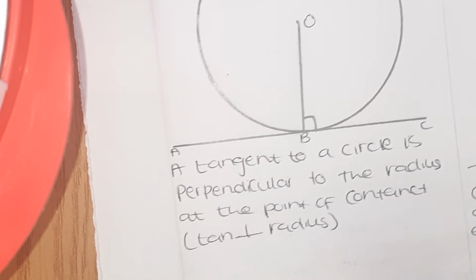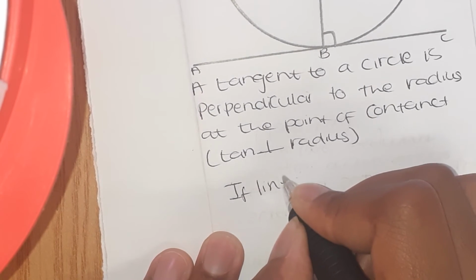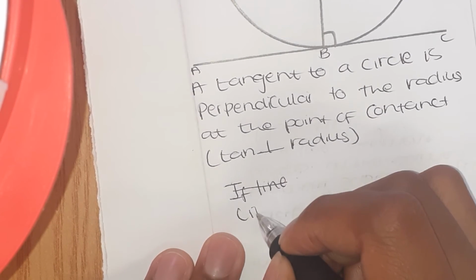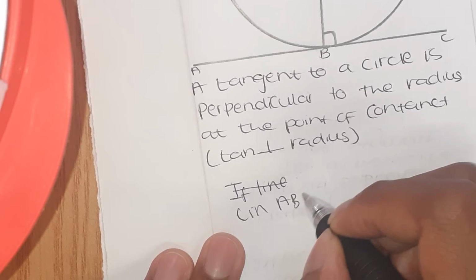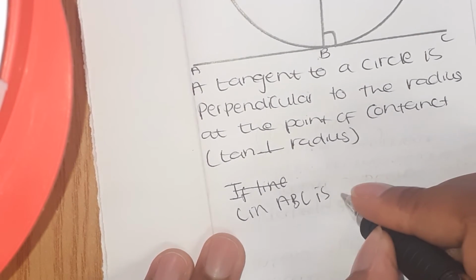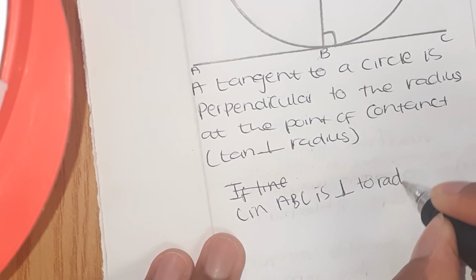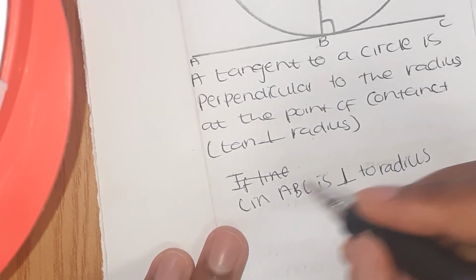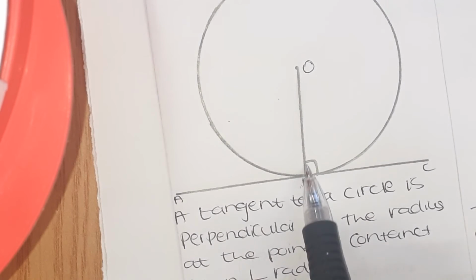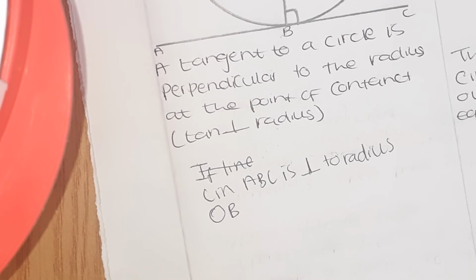Then you will say, if line ABC is perpendicular to radius OB, right? They are perpendicular. You see that?